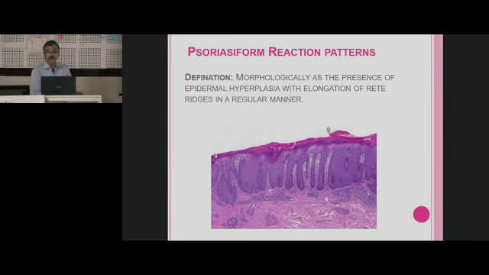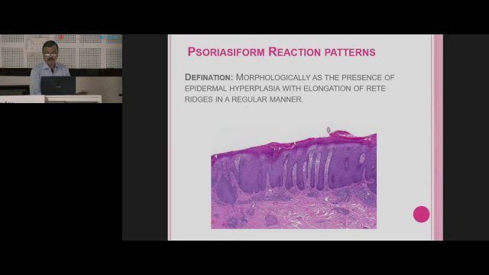Psoriasis literally means an itchy condition, derived from a Greek word.